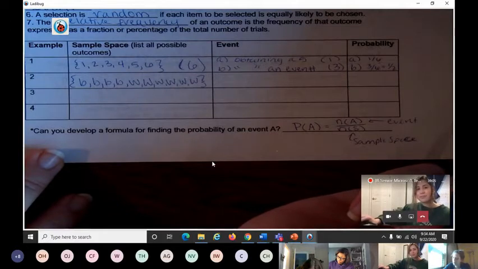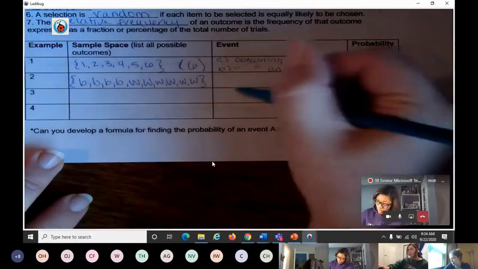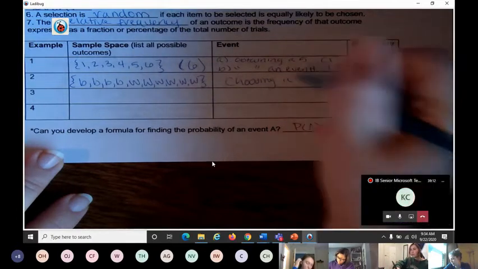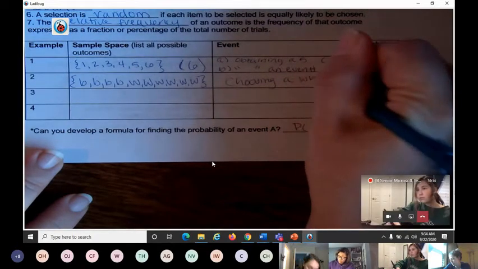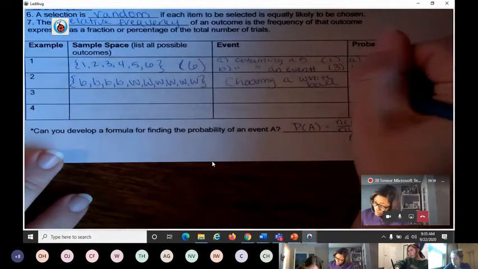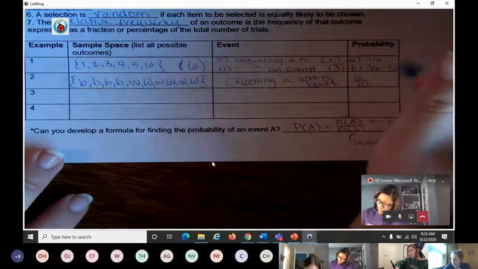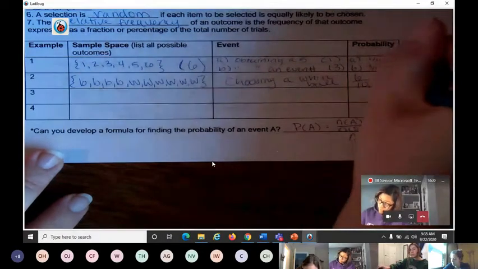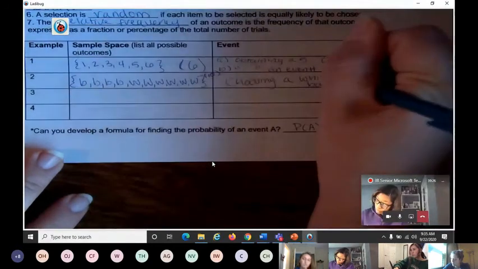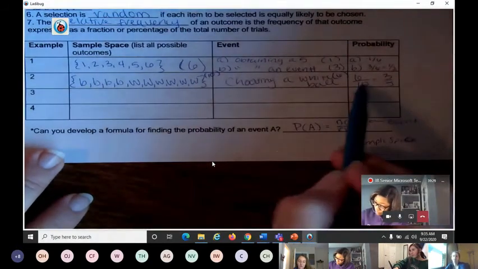And the event was choosing a white ball. The probability ended up being 6 out of 10, which was 3 out of 5. So there were 10 total items in this, 6 total items in this. So that's where the 6 and the 10 come from.